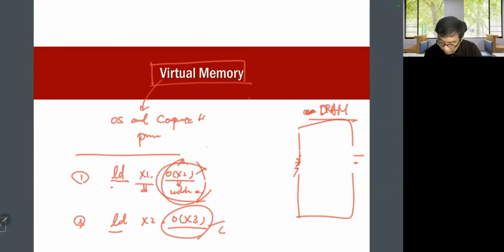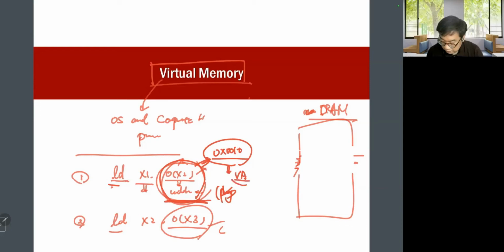Which means that instead of accessing the main memory using the real address, which is the physical address, this load instruction accesses the main memory with a fake address called the virtual address, like 0x0010. But this address is the virtual address.